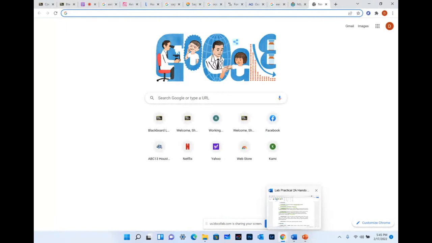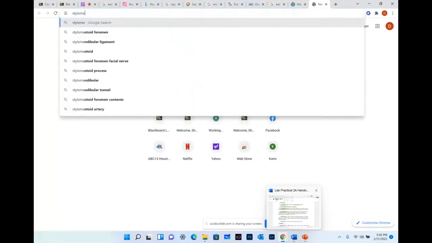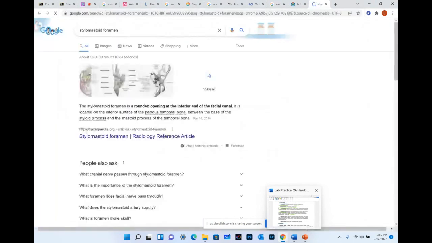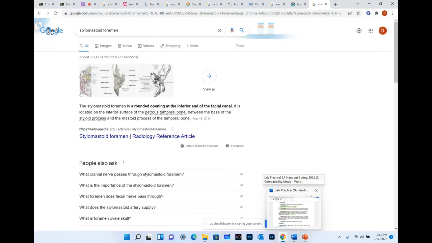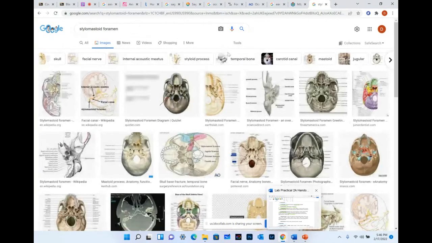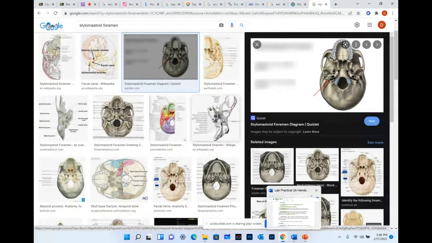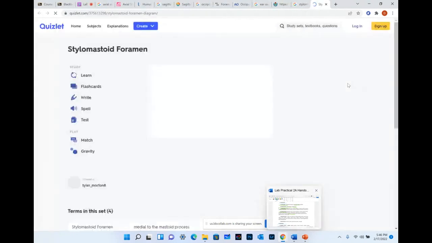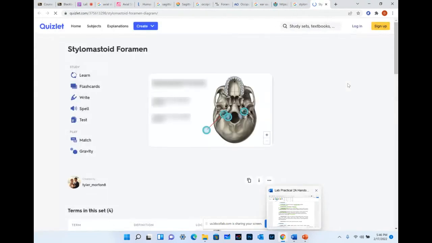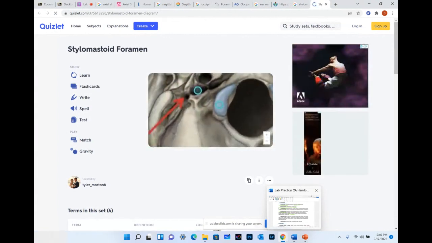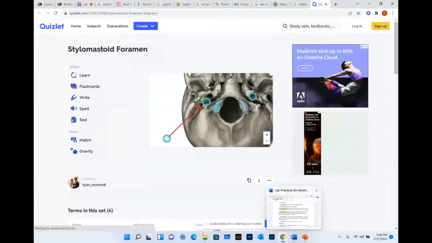Let's see if we can find a stylomastoid foramen. Okay, this you can see right here.